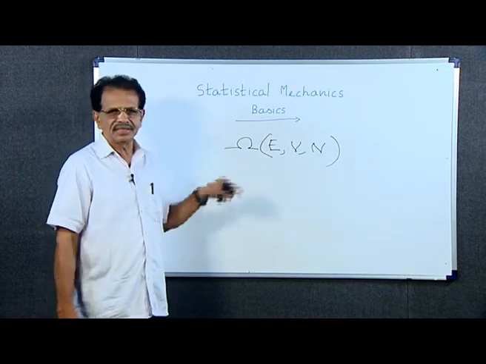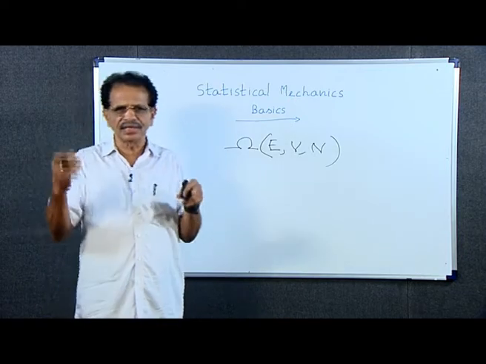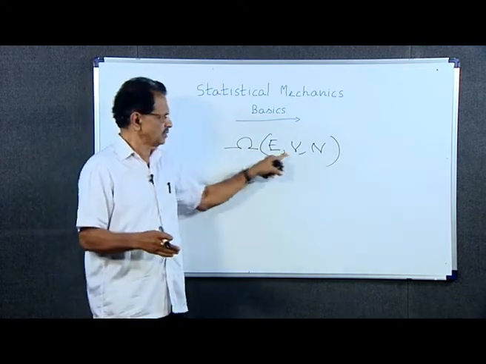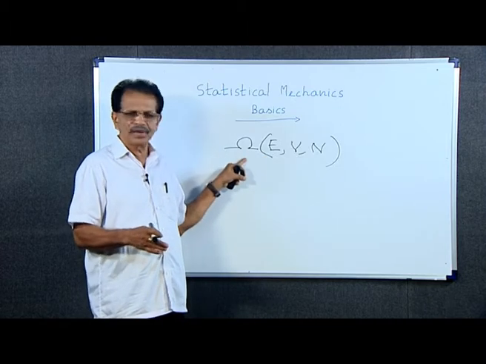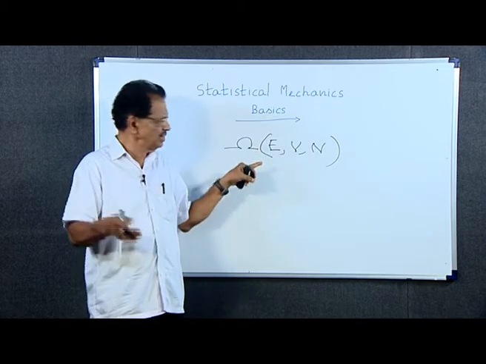Statistical weight simply gives us the number of microstates characterizing this macro state. That is the meaning of it. It is the number of microstates compatible with the macro state.